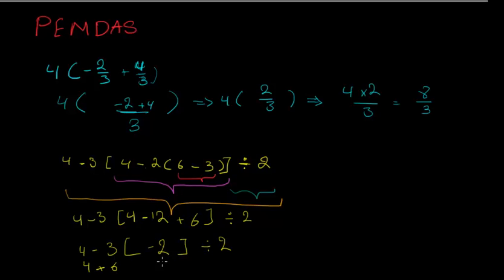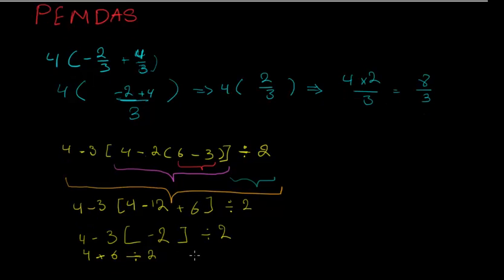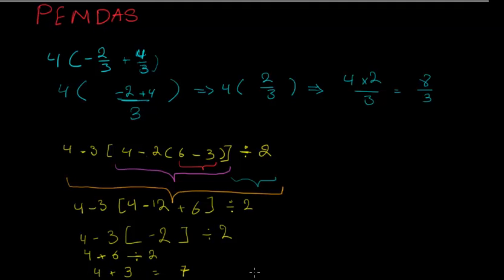It is going to be 6, and then divided by 2. Since multiplication and division come before adding and subtracting, we do that first. 6 divided by 2 is going to be 3, so the result is 7. Using the rules of operations, we solve this problem and we have the result as 7.